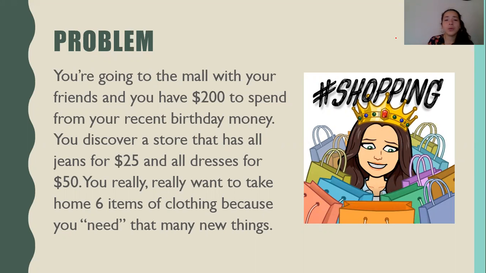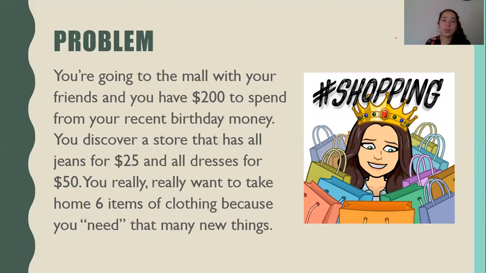The problem says you're going to the mall with your friends and you have $200 to spend from your recent birthday money. You discover a store that has all jeans for $25 and all dresses for $50. You really, really want to take home 6 items of clothing because you need that many new things. So some of the things we talked about were, for our first read, what is the problem about, and we said it's about shopping, using birthday money.